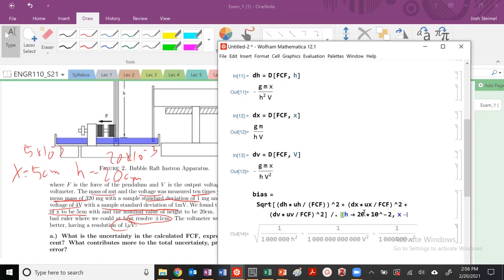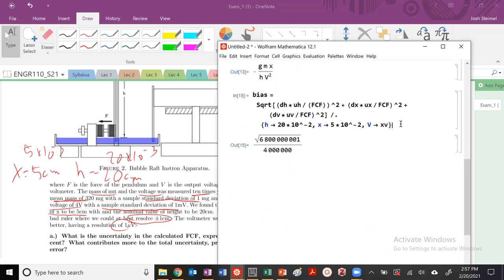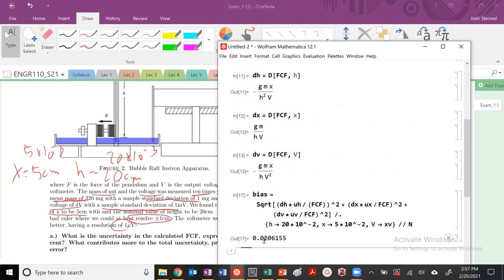My x goes to 5 times 10 to the minus 2. And my v goes to xv. So those are those values. Plug it in. Let's look at this numerically. Oops, not nv. So this is going to be about 2%, because this is a dimensionless fraction.